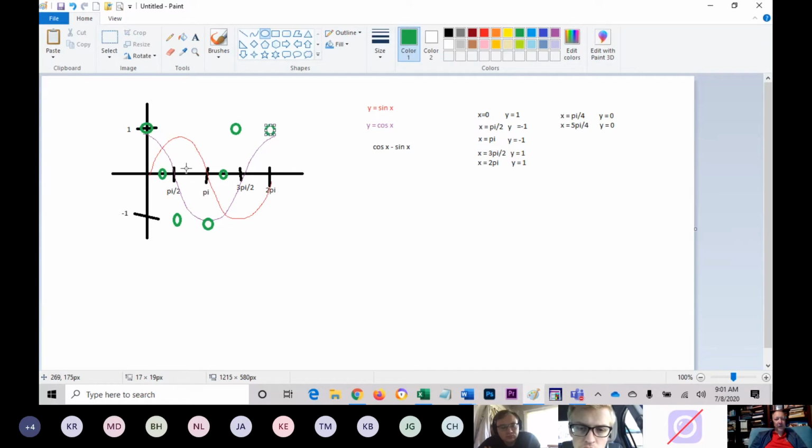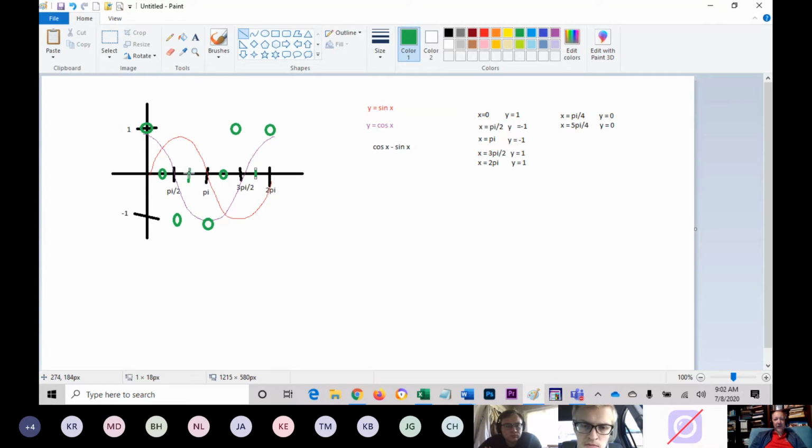What would be nice to know, what we don't know, is what's going on here and what's going on here, okay? So let's talk about that for a second. As we look at a graph, let's see. This is going to be 3 pi fourths, right? Maybe we could put that in there.